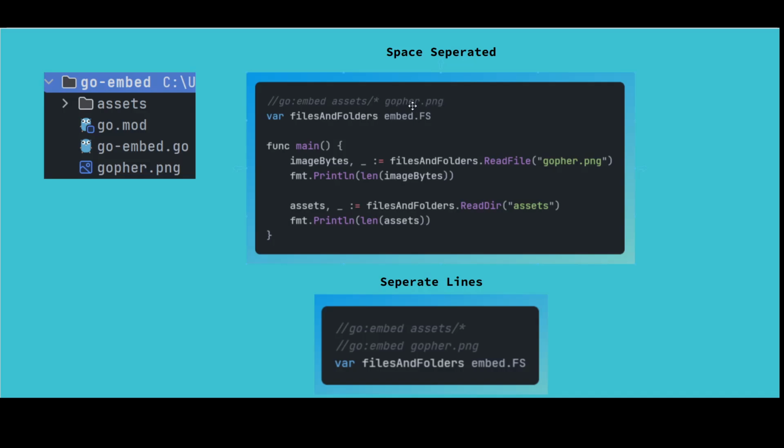That means I would also like to embed the image file. That's one way. The other way is on separate lines. You can also include a go:embed directive: go:embed this folder, and then the second line go:embed this image file, and it will do the same thing. It's up to you what is more readable for you.